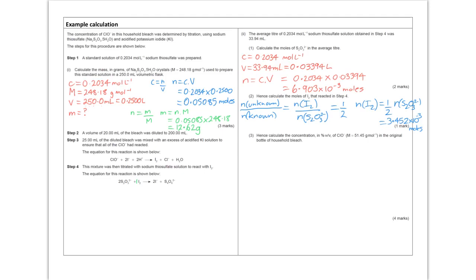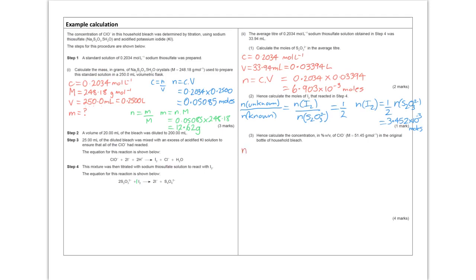So now we need to calculate the concentration in percentage weight volume of ClO minus, with a molar mass of 51.45, in the original solution, in the original bottle of household bleach.